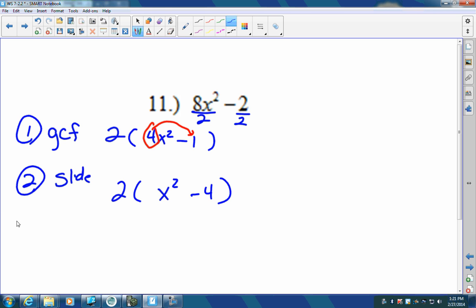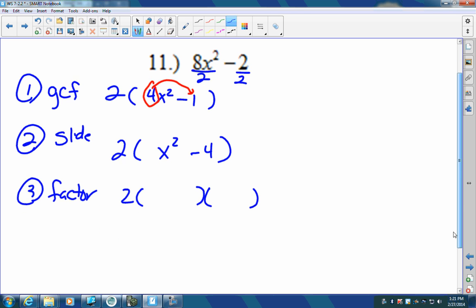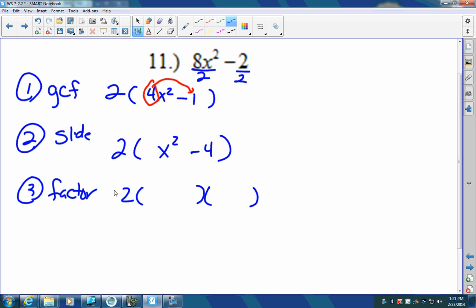Now I need to factor. This is where I wanted you guys to see. We did kind of work on that in here when we were multiplying. Some of you might know what happens. My x squared splits up as x and x, right?